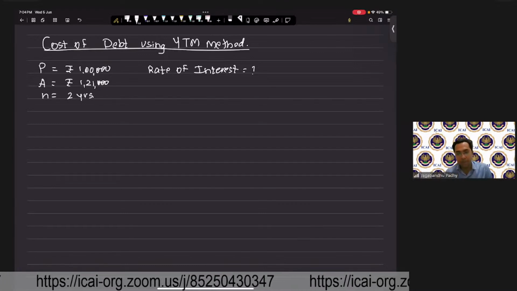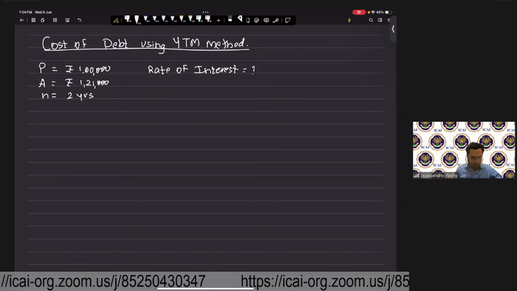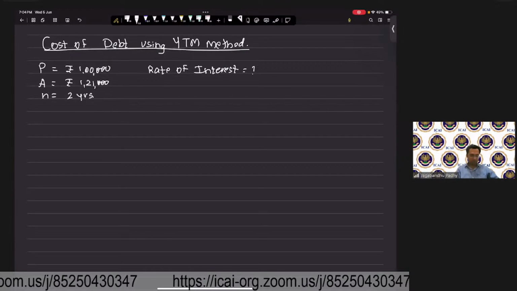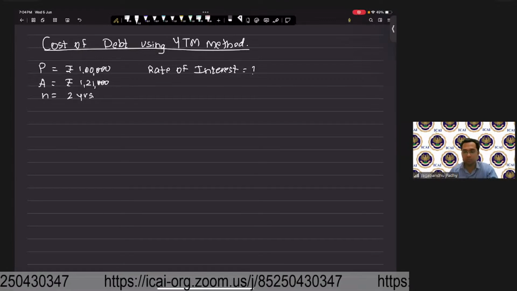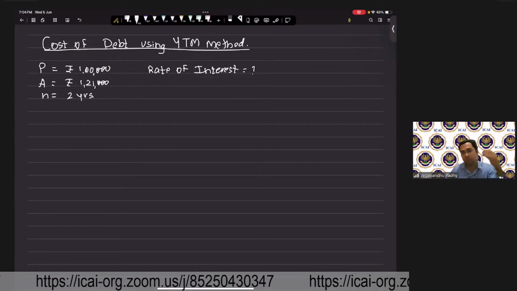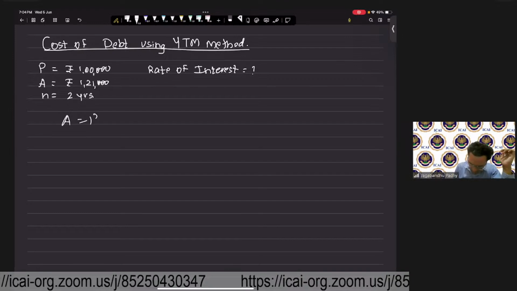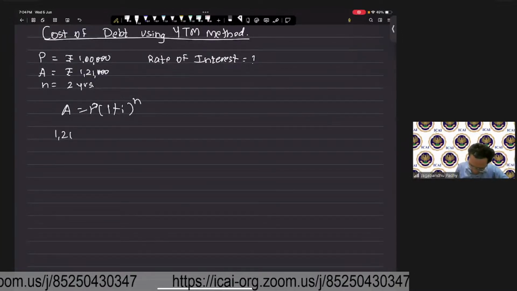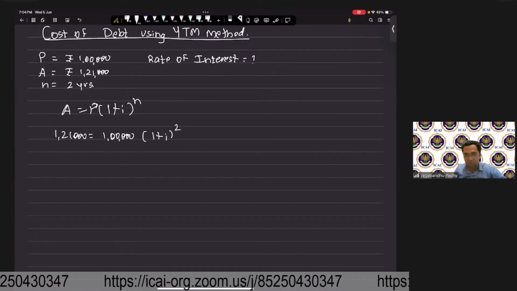No, I'm not talking of simple interest. I'm talking of compound interest. Give the compounded effect. You simply use the formula: A is equal to P into (1 plus I) raised to N. So the amount is 1 lakh 21,000, the principal is 1 lakh, and 1 plus I is raised to 2.